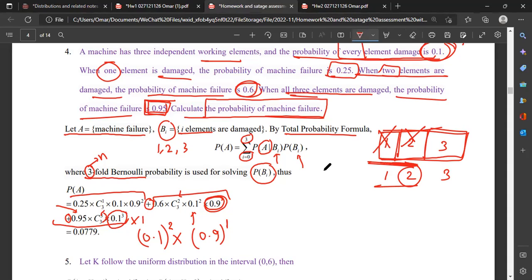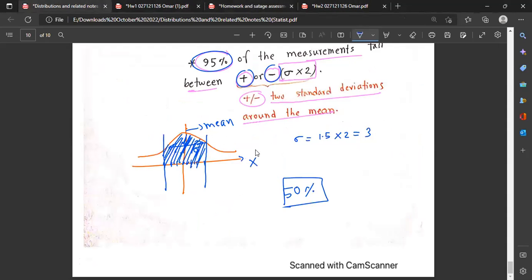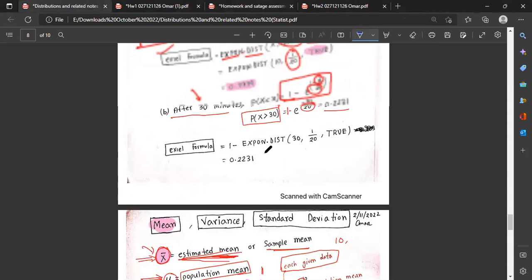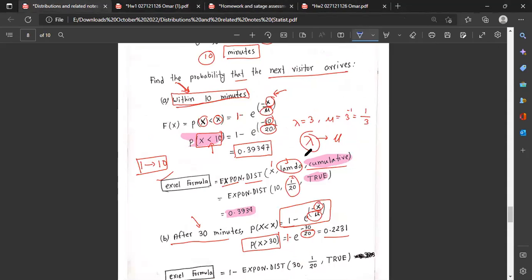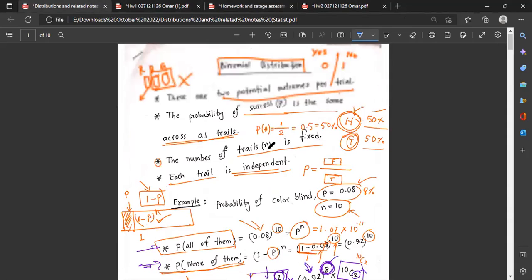There's a formula I mentioned very earlier in this example. Okay, I can write down here.